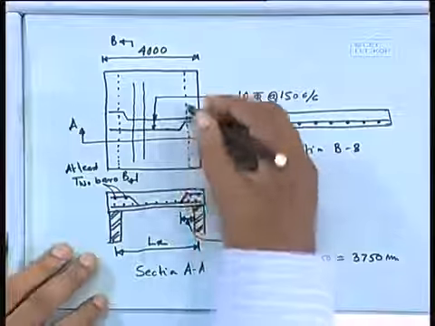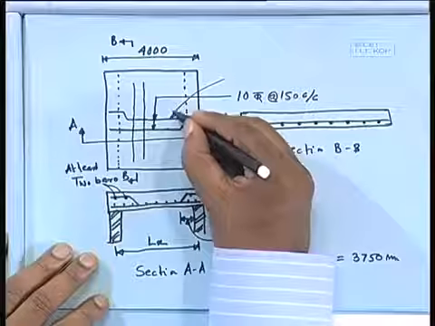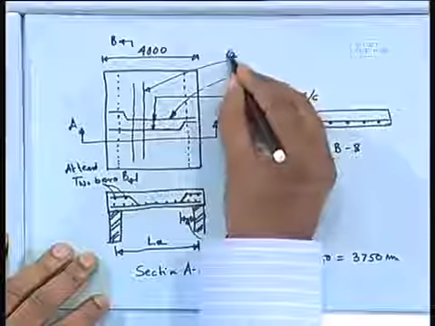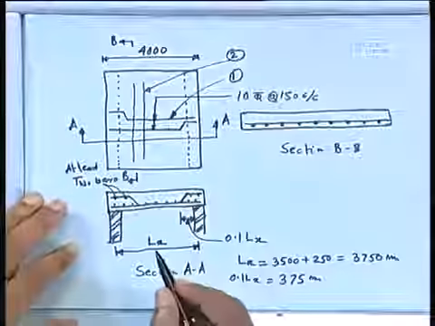If I say this is bar type 1, and this is bar type 2, the distribution steel.